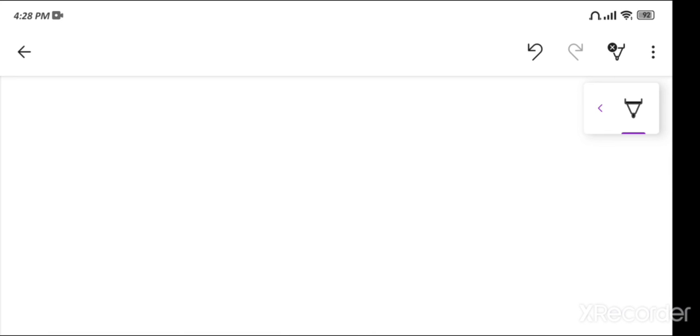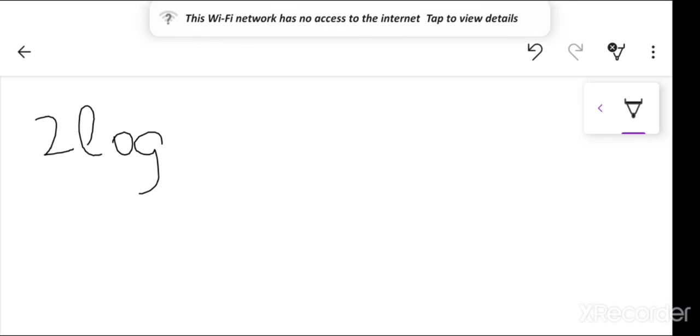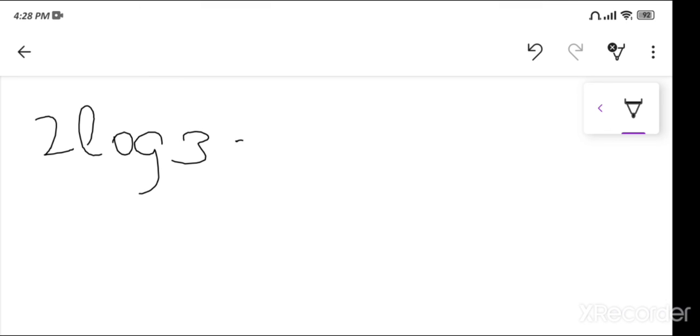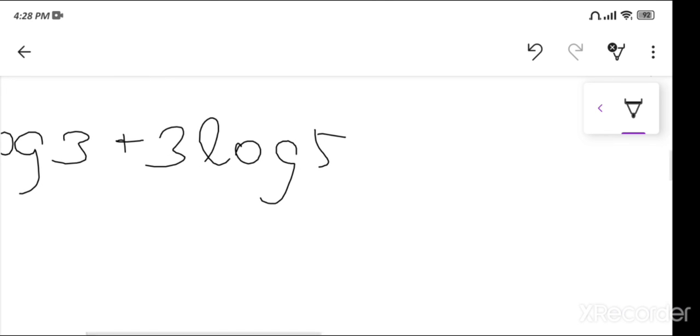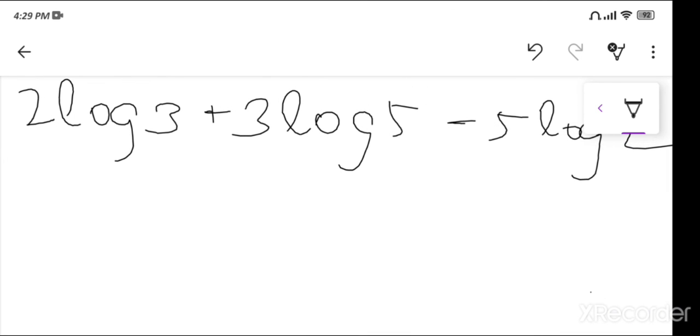Now we'll try out another example. He gave here 2 log 3 plus 3 log 5 minus 5 log 2 as a single logarithm.